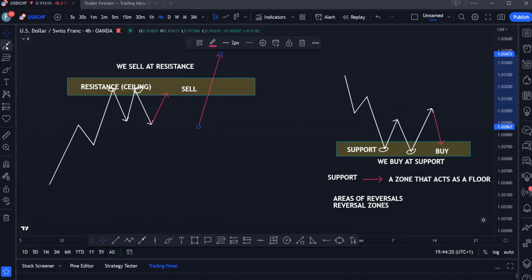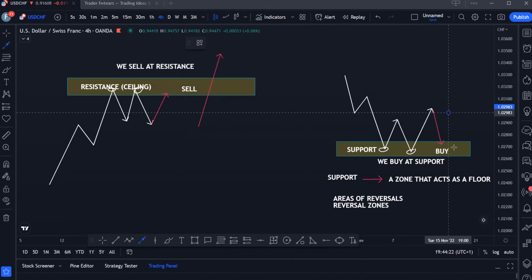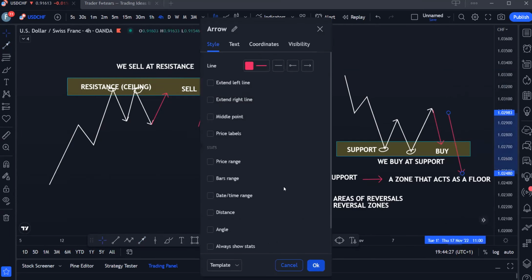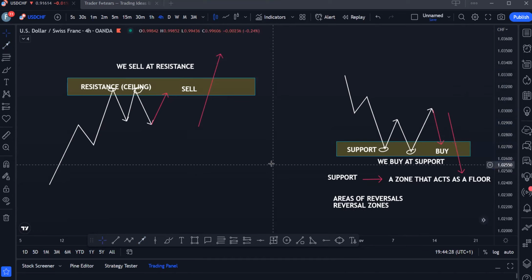Price can come back down and break this support zone to the downside. That is why we don't just buy at support and we don't just sell at resistance. When price gets to a support zone, we need to add some more confirmations before we take a buy entry. When price gets to a resistance zone, we need to check out some more confirmations to take a sell entry.